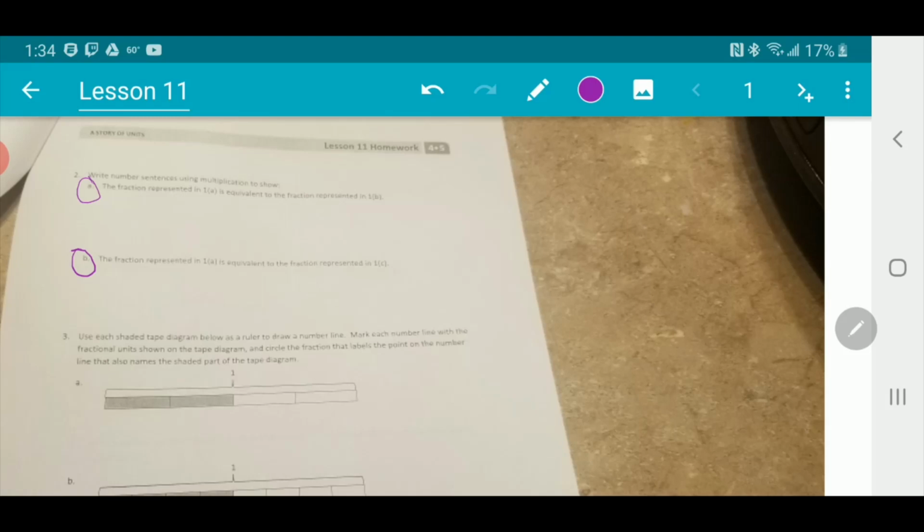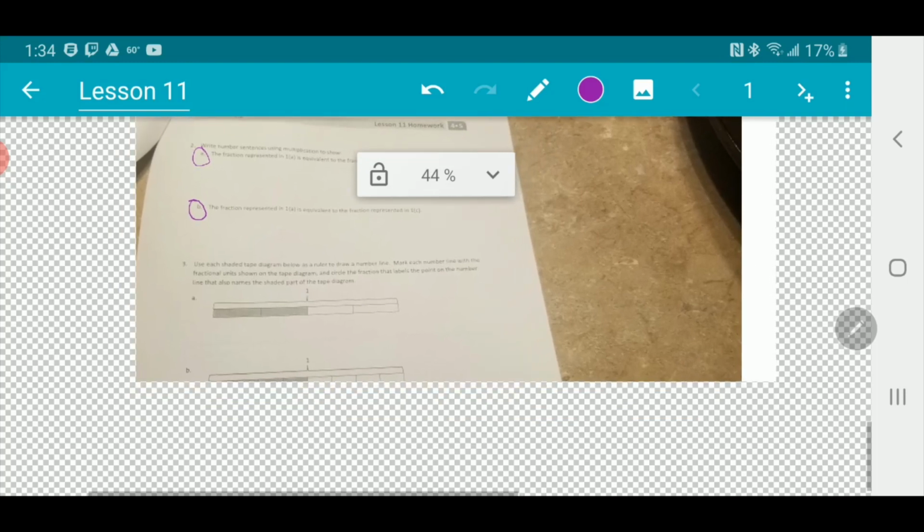The numbers are just changed. So if you have any difficulty with these, look back at the problem set. Question 1 on the homework and question 1 on the problem set are similar. Question 2 on the homework and question 2 on the problem set are similar, and so on. If you get stuck on question 2, look back at question 2 on the problem set.